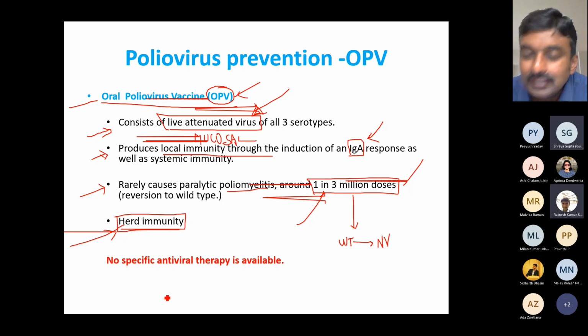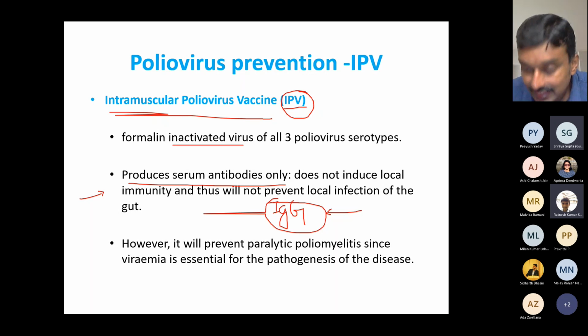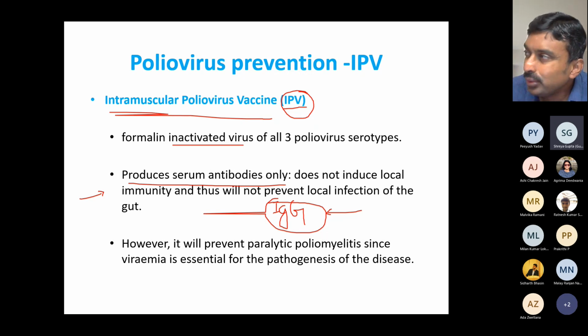Sir, what is killed virus? Sir, a virus is anyway not a living thing when it is outside the cell. So what's the meaning of killed virus? Yeah, so we usually don't use the word killed, but I just try to use that word so that you guys understand it's not alive. But we use the word inactivated. By inactivated, for example, the nucleic acid material is all cross-linked so that it cannot replicate when it's inside the cell.